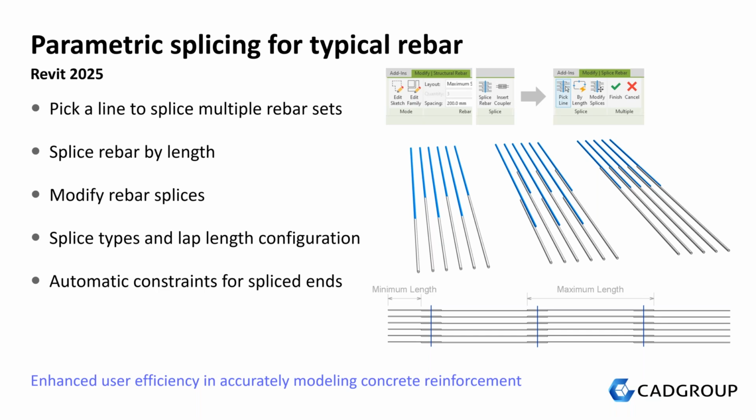You can click along a rebar set to splice at the position, or select a line reference in the view to splice all intersecting sets, and select and edit the splice type to adjust lap length, splice line position, uniform or staggered layout, as well as bar shift.